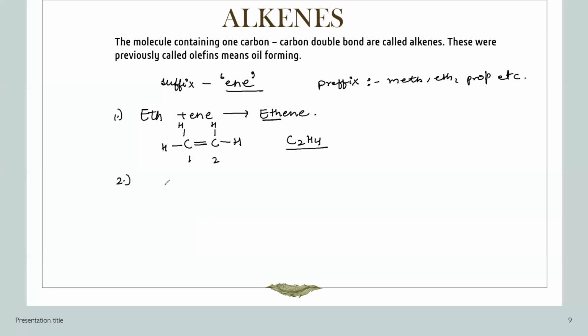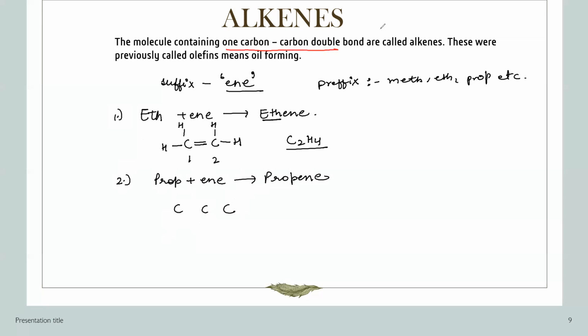The second member we have is prop plus "-ene", which would be propene. So prop means how many carbons? Prop means 3 carbons. So I will make 3 carbons, 1, 2, and 3. See the definition, 1 carbon-carbon double bond.